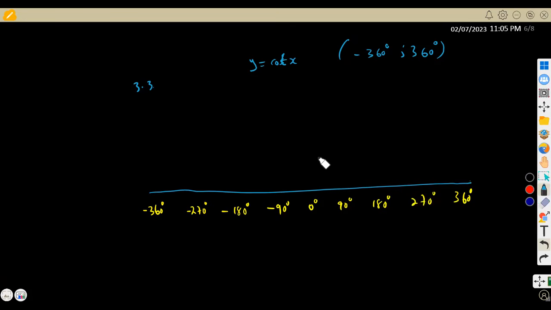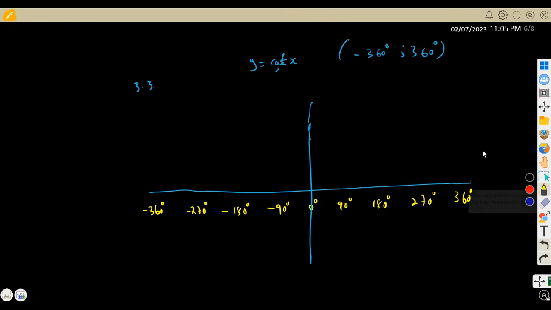And in this case, this will be your y-axis. From the sketch that we have, if it is a cot, we must first indicate the asymptotes. Our asymptotes are at negative 360, so that's an asymptote there.